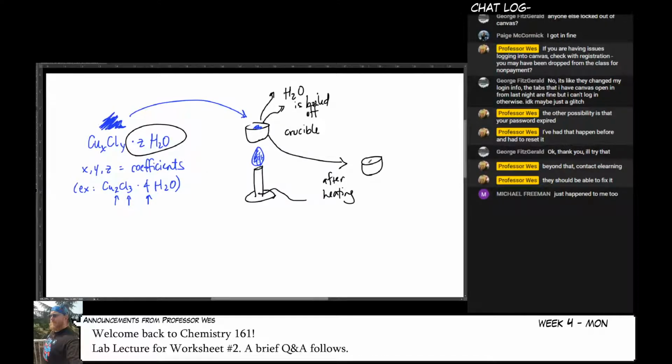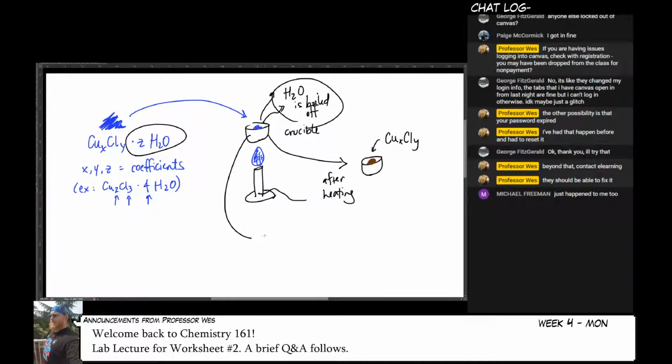All right. After heating, our stuff will be a different color because hydrates tend to have different colors, whether there's water in it or not. So now inside of this is just this stuff. The water is gone. How do we figure out how much water is in there?